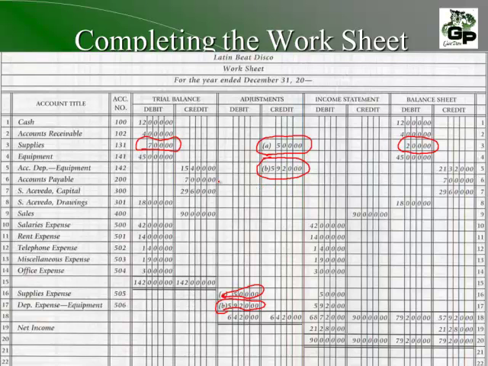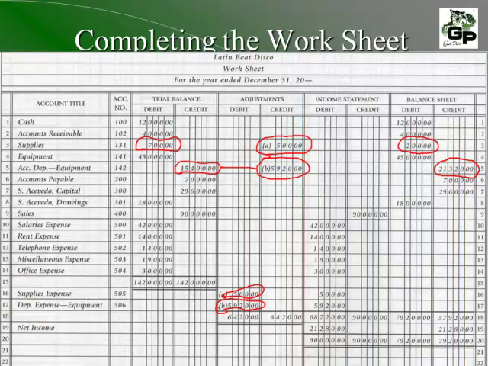With the accumulated depreciation for equipment, it started out with a credit balance of $15,400. This also is a credit for the adjustments of $5,920. We add these two together and we end up with a total on the balance sheet, a credit total of $21,320.